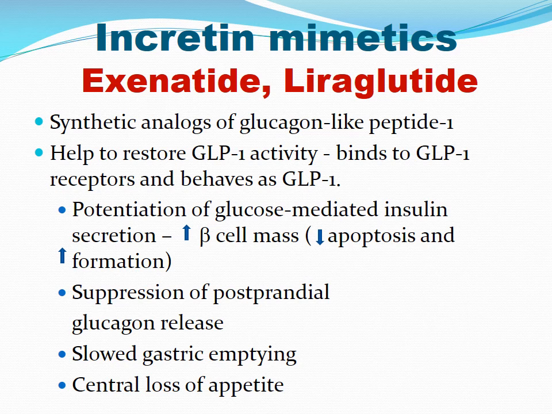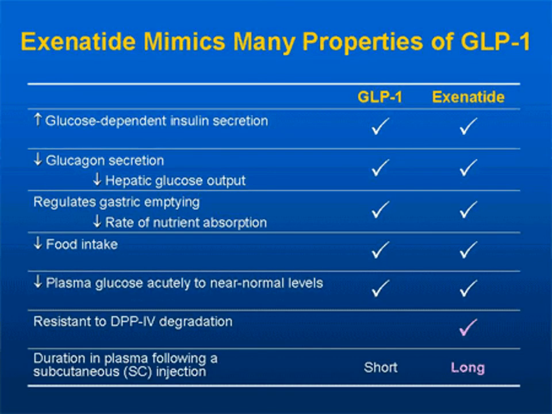They bind to its receptor and act like glucagon-like peptide 1 to potentiate the glucose-mediated release of insulin, increase the beta cell mass through decreasing apoptosis and increase the formation of new beta cells, suppress postprandial glucagon release, slow gastric emptying, and cause central loss of appetite.